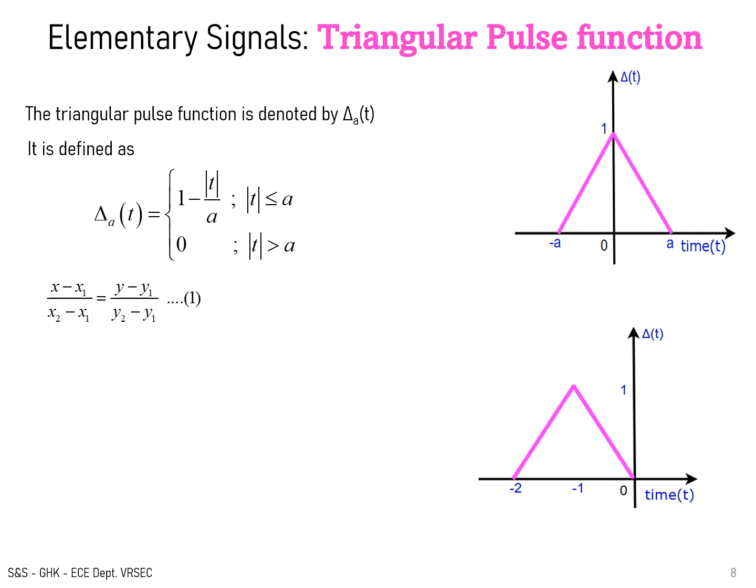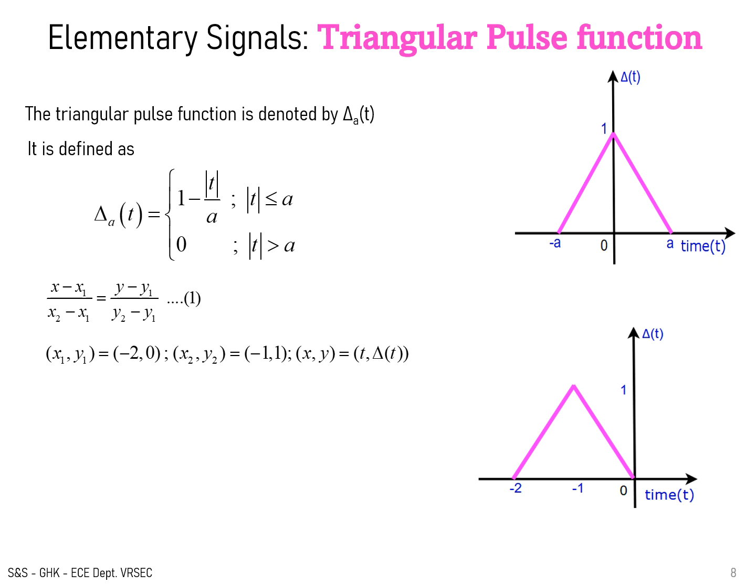Therefore the equation of line is (x minus x1) by (x2 minus x1) equals (y minus y1) by (y2 minus y1). From the figure, the coordinates at time t equal to minus 2 are x1, y1 equal to minus 2, 0, and at time t equal to minus 1 the coordinates x2, y2 are minus 1 and 1, where x and y are the x-axis time t and the y-axis delta of t.